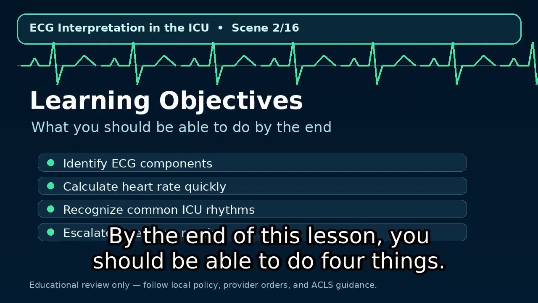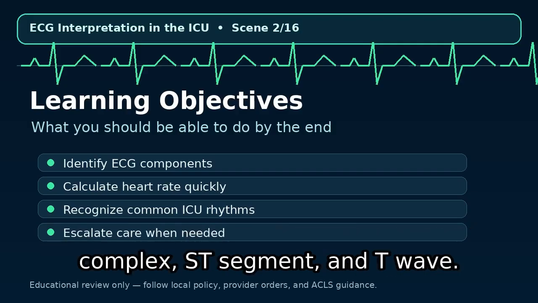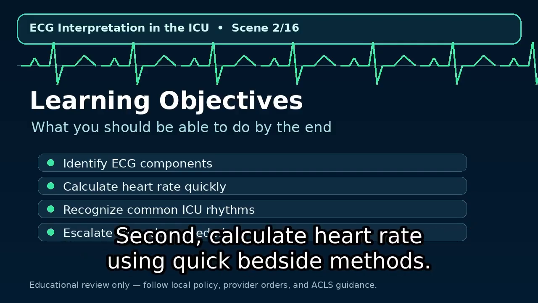By the end of this lesson, you should be able to do 4 things. First, identify the major ECG components, the P wave, PR interval, QRS complex, ST segment, and T wave. Second, calculate heart rate using quick bedside methods.